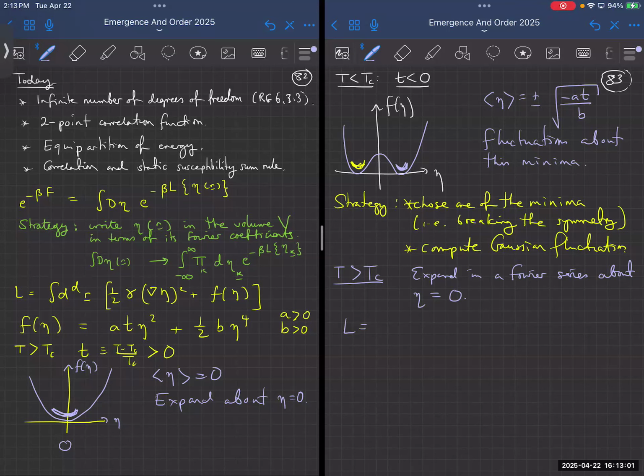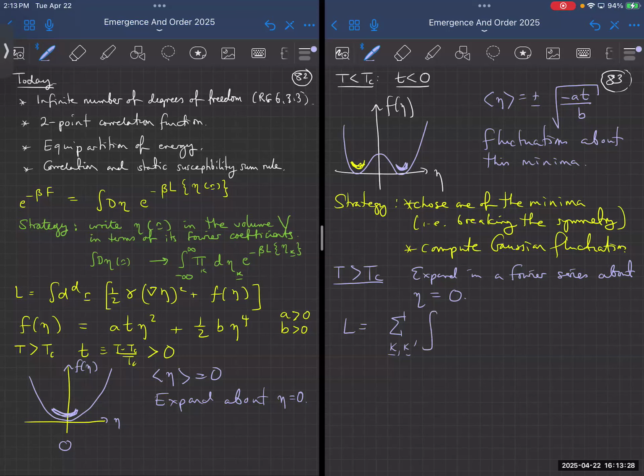We're going to be summing over two k values, k and k prime. Why? Because we're going to take eta of r, write it as a Fourier series in k, and then everything here is going to be quadratic. So there's two eta of r's, and therefore there's going to be two different k's.